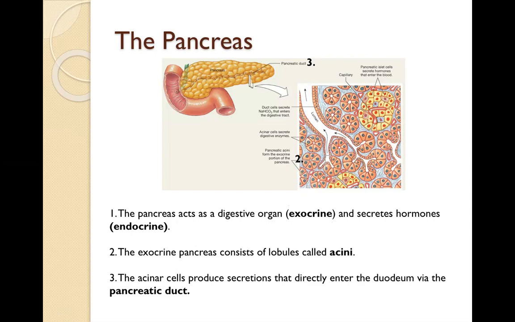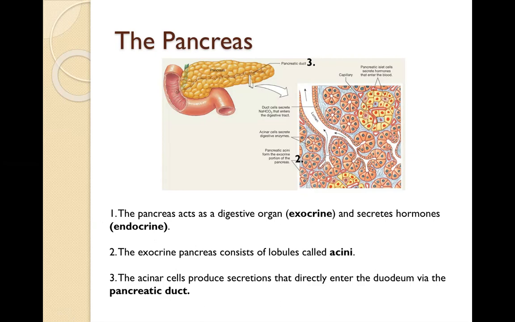But there are also other cells within the pancreas that act to make hormones like insulin, hormones like glucagon. And when we talk about the hormone function of the pancreas, we refer to that part of the pancreas as the endocrine section of the pancreas. Now, there's not a half of the pancreas that makes digestive enzymes and the other half makes hormones.